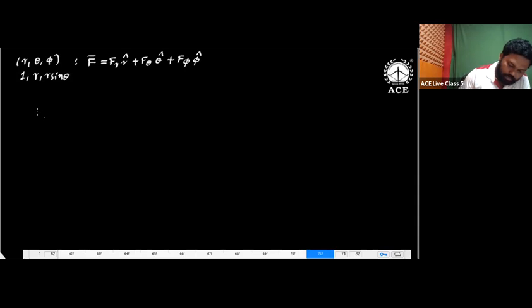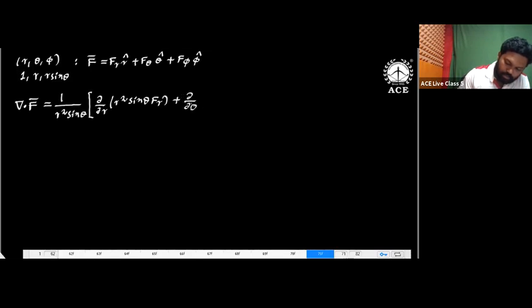The divergence is 1 by r square sin theta times dou by dou r of r square sin theta fr plus dou by dou theta of r sin theta f theta plus dou by dou phi of r f phi.